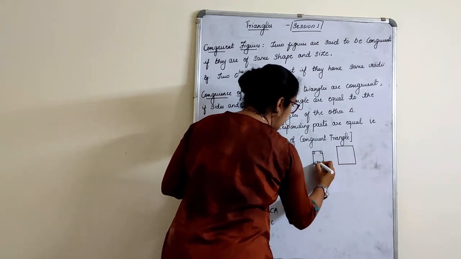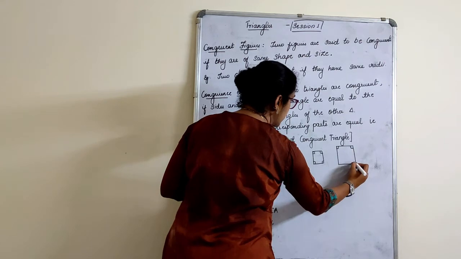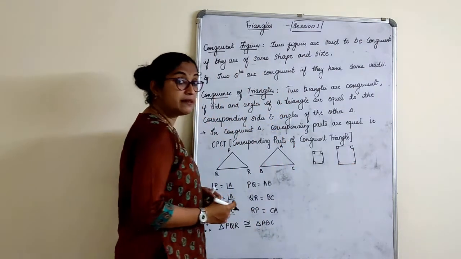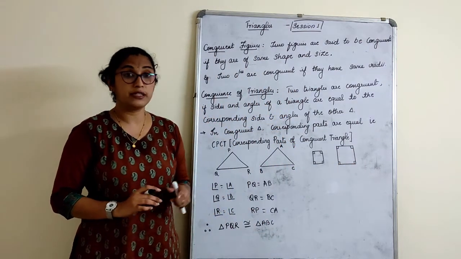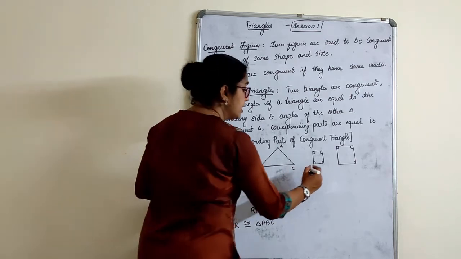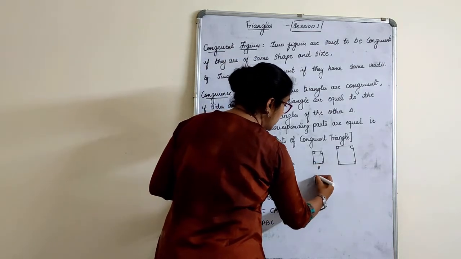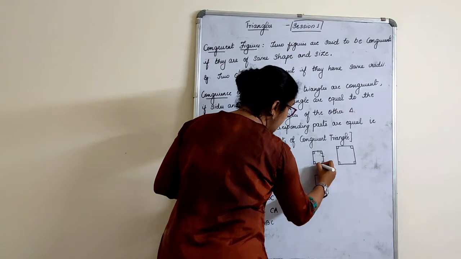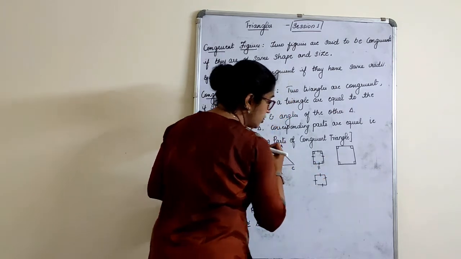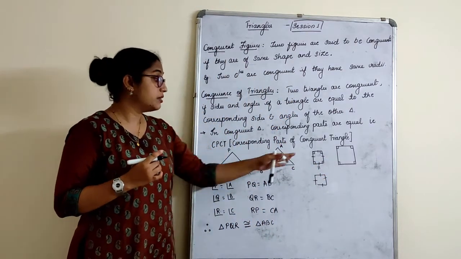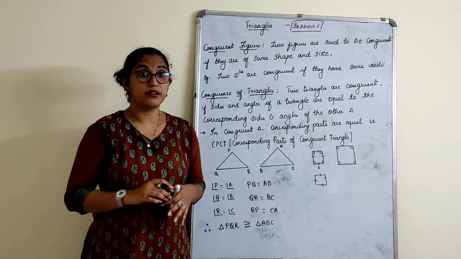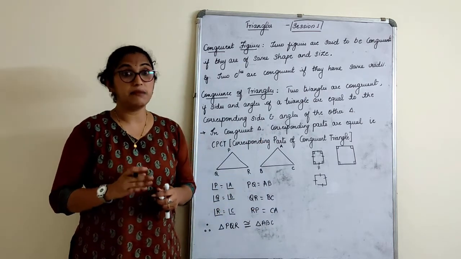Because in a square, all the angles are 90. Similarly here, they are similar. We call them similar, but we can't call them congruent. When can you call them congruent? You can call them congruent only if the measure of this side is equal to the measure of this side, right? Only then we call them a congruent figure, otherwise they become a similar figure.